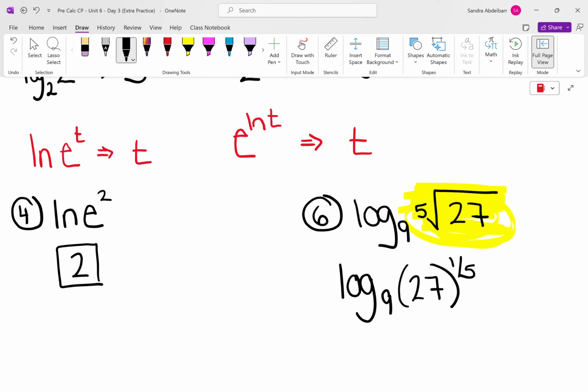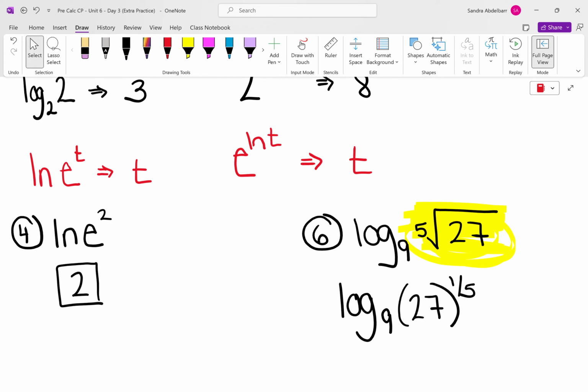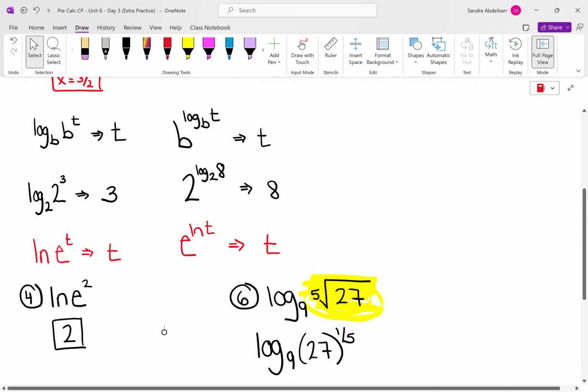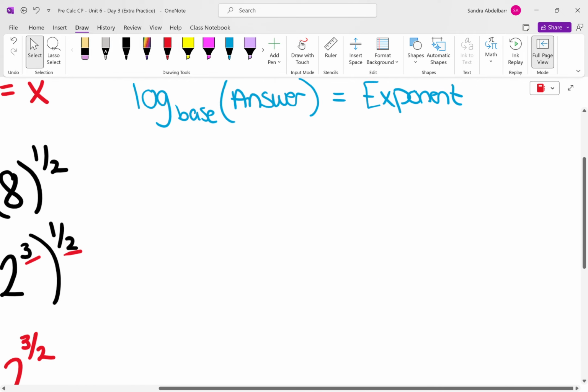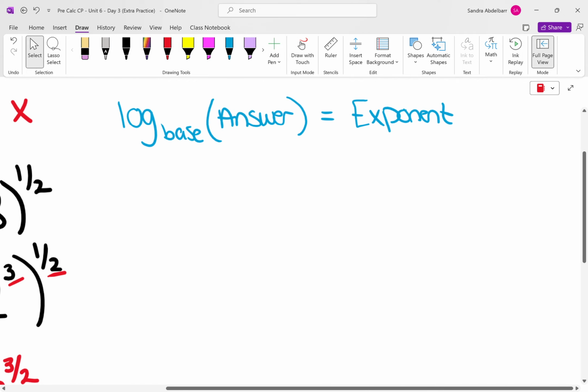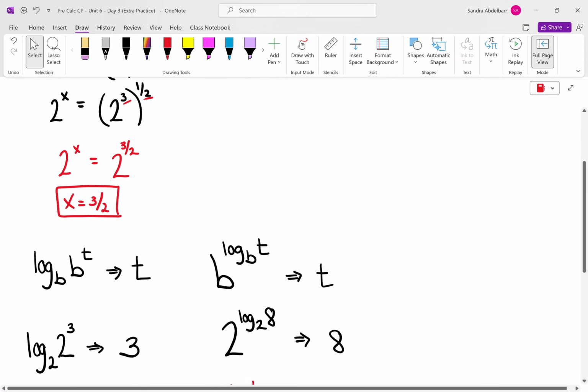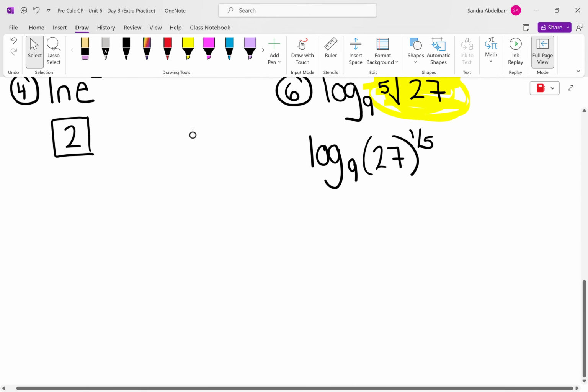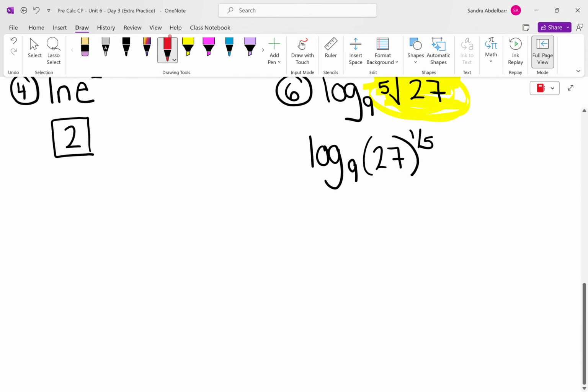Now we're going to change the whole log into exponential, and that goes back to what I wrote down in the beginning. Remember, log base answer equals exponent. So using that, can you change this back into exponential for me? 9 to what? Good. 9 to the x is equal to 27 raised to the 1/5.